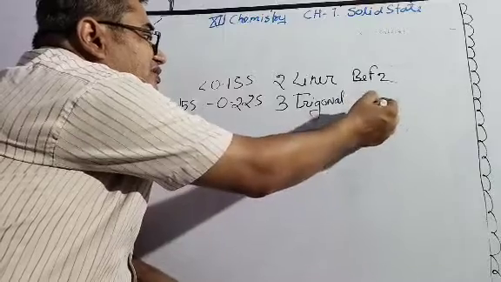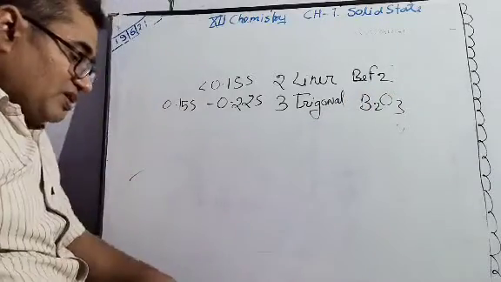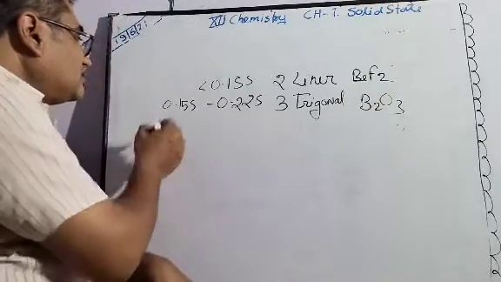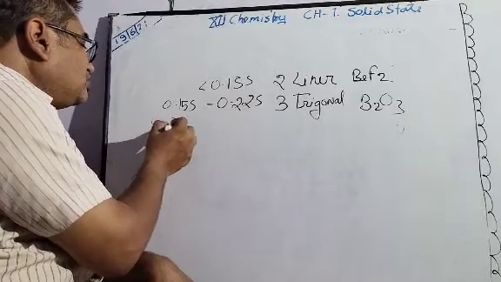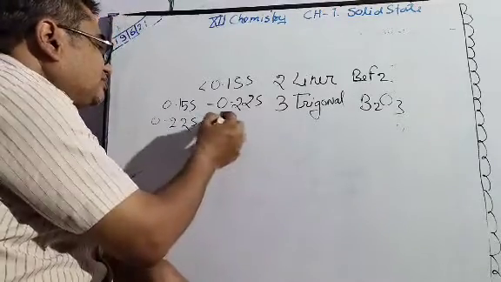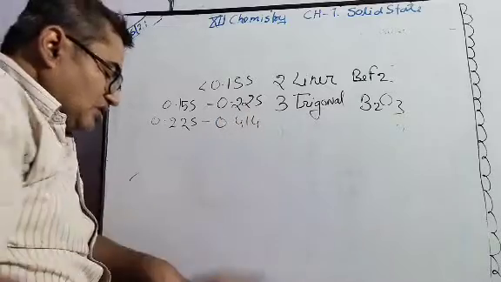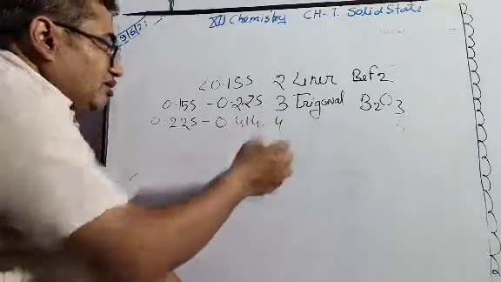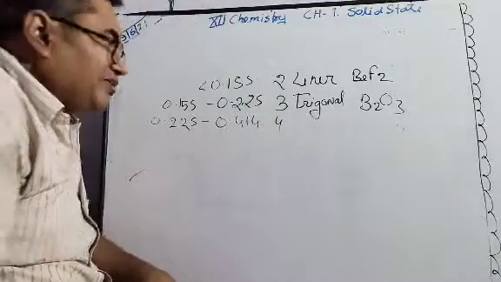Example is B2O3. Now another ratio is 0.225 to 0.414. The coordination number will be 4. It means the shape will be tetrahedral.